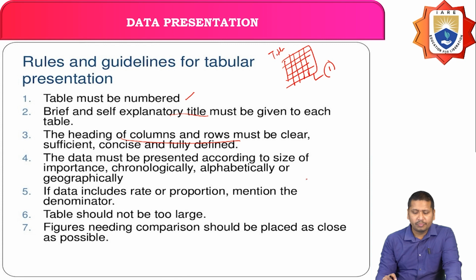The data must be presented according to size of importance, chronologically, alphabetically, or geographically. If the data includes a rate or proportion, mention the denominator. The table should not be too large, and figures needing comparison should be placed as close as possible.